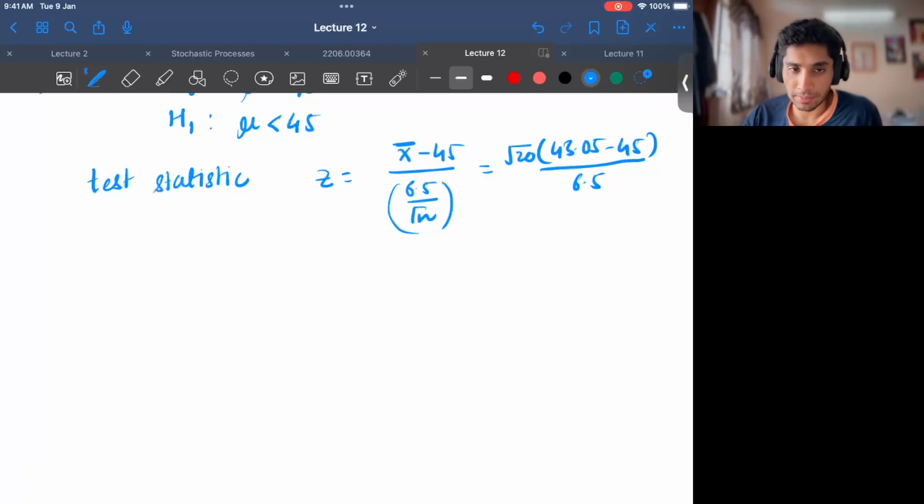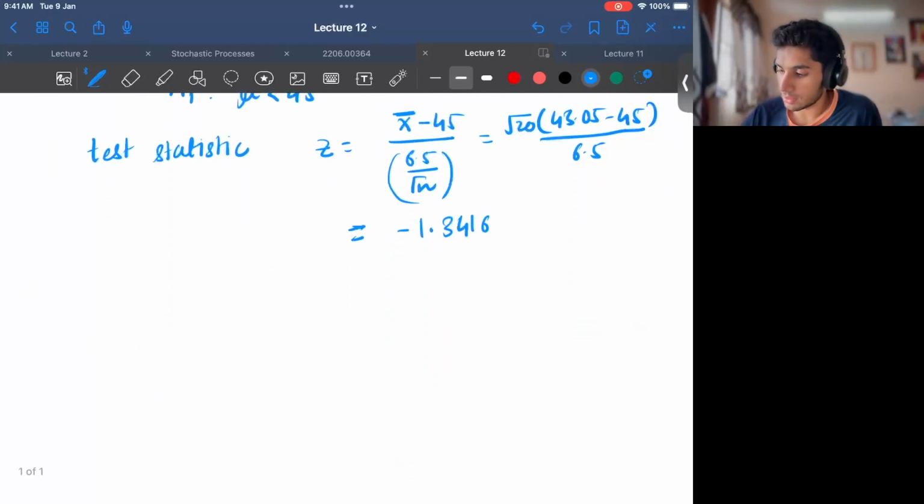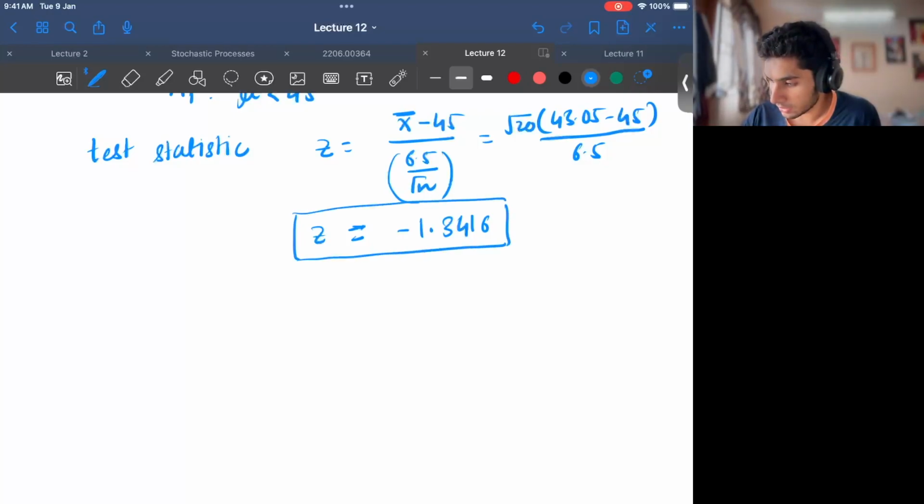Okay. If you solve this, use your calculators and you will find this comes out to be minus 1.3416. Okay. This is your test statistic. So this is the answer to the first thing that they have asked, that is, what is the test statistic? Okay.